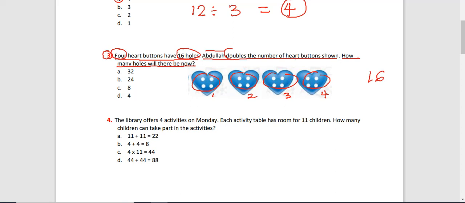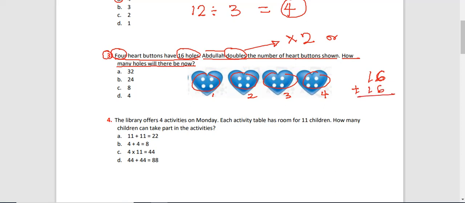Abdullah doubles. The word double in math can be termed as multiply it by 2 or add the number 2 times. So if we have 16, the number is doubled, so you add another 16.